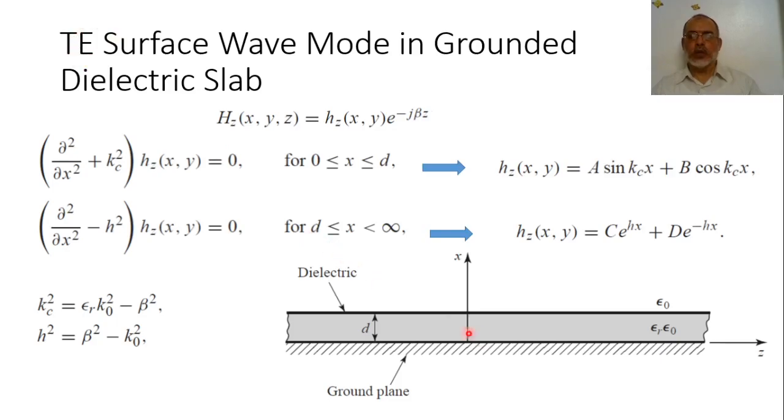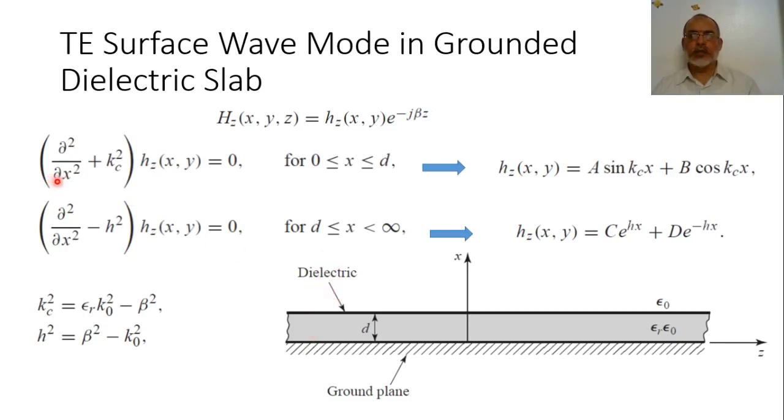Ez equals 0, but Hz equals Hz as a function of x and y multiplied by the propagation factor e to the power minus j beta z. And as we said, we have two Helmholtz wave equations, one inside the dielectric medium and one inside the free space.